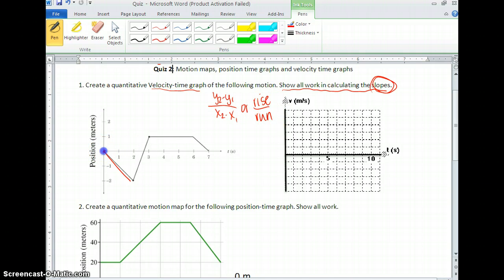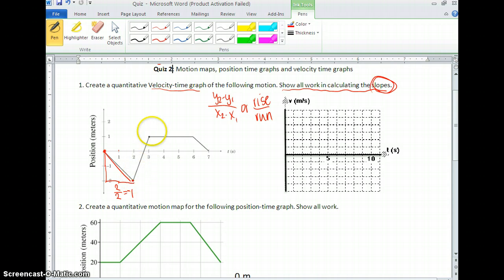Here's where my point started, and the next point went down a total of 1, 2, and it went over 1 and over 2. So it's a rise of 2 over a run of 2, so I get a slope of 1. Notice the direction of this line, so we do get a negative 1.